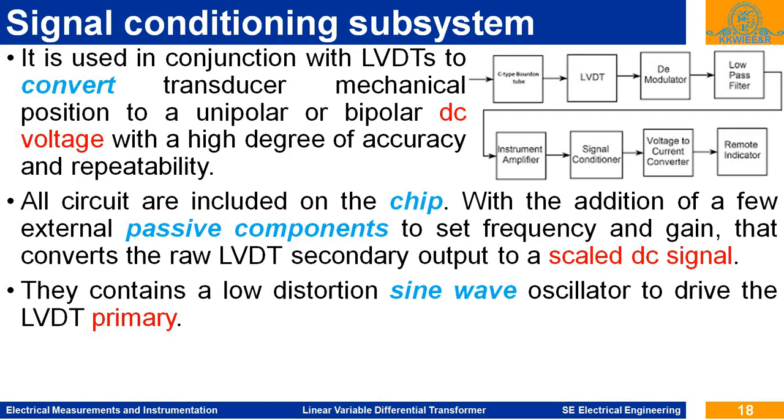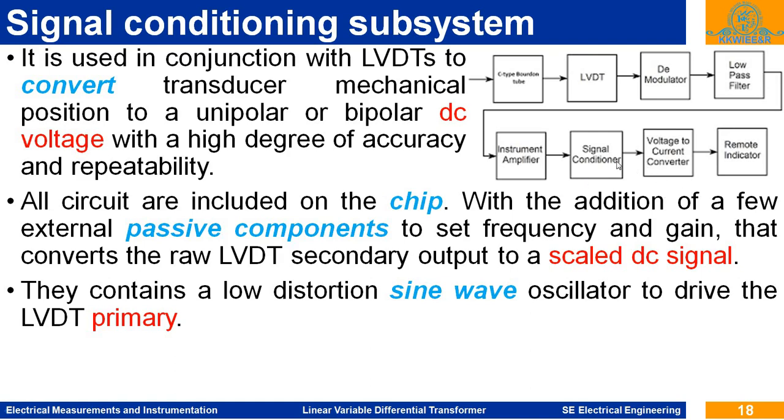So 0 to 10 volt or plus minus 10 volt, or 0 to 5 volt, plus minus 5 volt in terms of voltage. Nowadays milliampere is used, plus minus 20 milliampere. By using this signal conditioner, the voltage is converted into a current form.